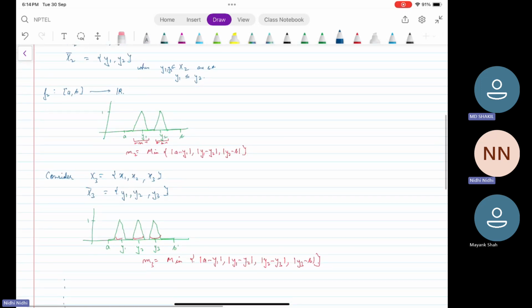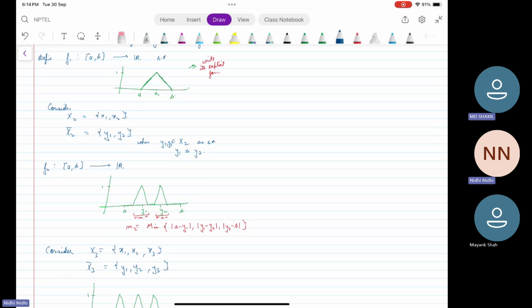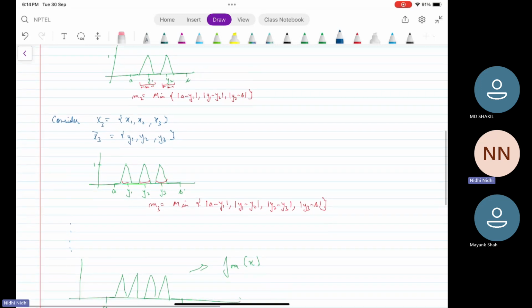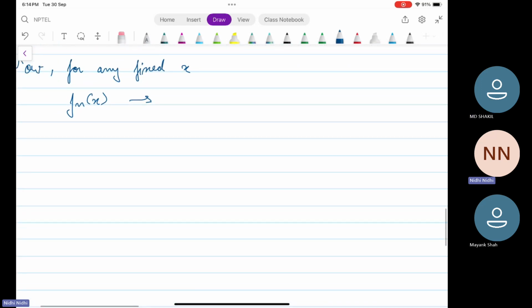It will be 1, also 0. So where will it be 1? On every rational point, or the points that we have constructed. Yes, on the rationals it will be 1, and eventually you can see that we are reducing the base length of the triangle, so for all irrationals it will converge to 0. So this will converge to the function f(x), which is equal to 1 when x is rational and 0 when x is irrational.